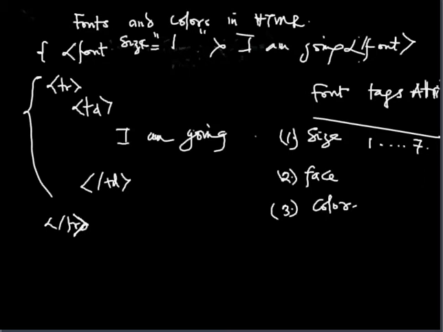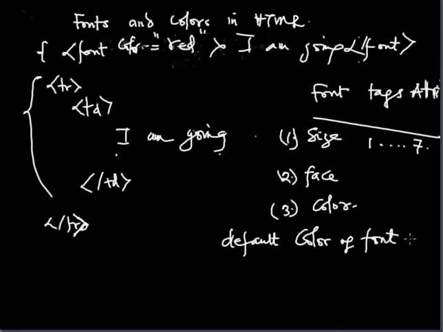That means you can change this to color, and this can also change. So we can just say, okay, if you want a red color, red. I am going to be written in red, while this will remain black. The default color of fonts in HTML is black.